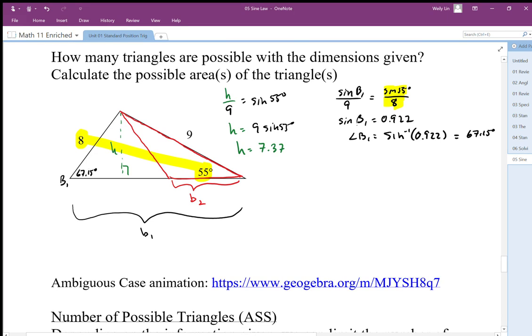That makes angle C1, when I solve for it, 180 minus 67.15 minus 55 degrees, which gives 57.85 degrees.